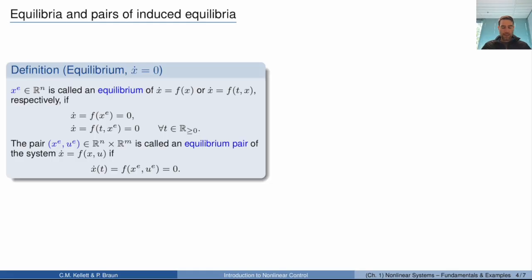In the case of a system with input, we can define an equilibrium pair, meaning an input u and a corresponding state xe, such that the right-hand side vanishes, and that again means with this particular constant input signal ue, we will have x dot is equal to 0, meaning our solution xe will be constant.